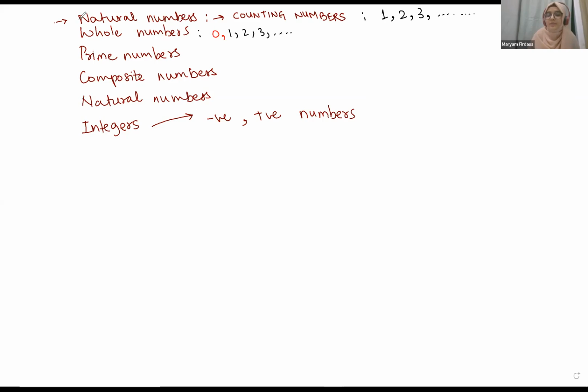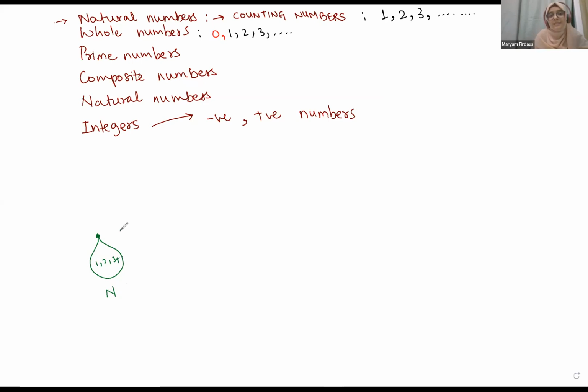So natural numbers, basically what you can say is, if you take all of the natural numbers in one bag, right? Let's say you have a bag over here. Okay, and you put all of the natural numbers in this. So this is the bag of natural numbers. We write this as capital N. If you add a 0 in this, so basically it says 1, 2, 3, and so on, like 500, 1000, 1 million, 1 billion, and so on.